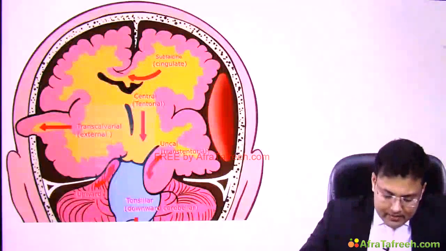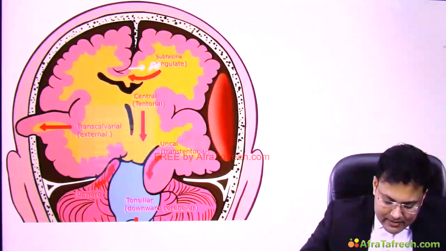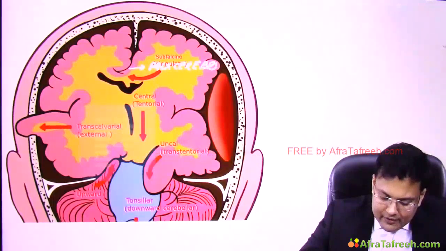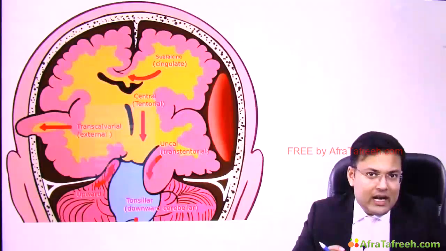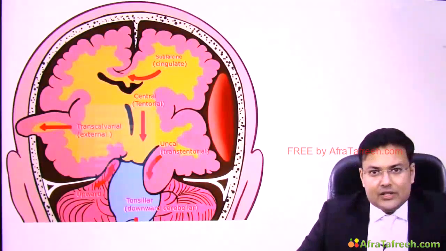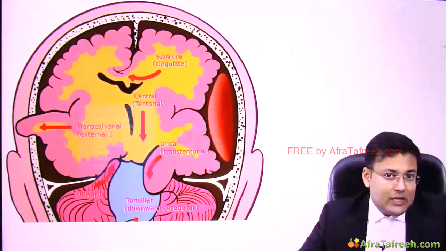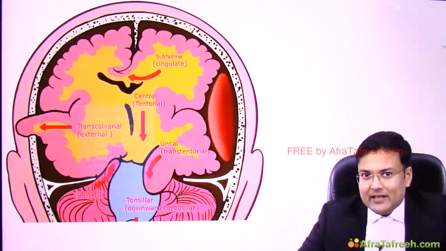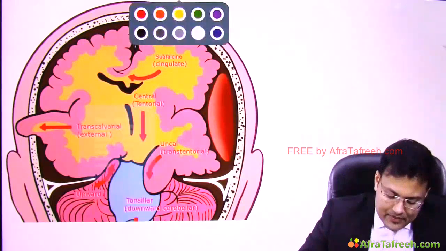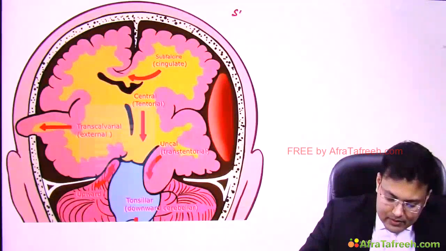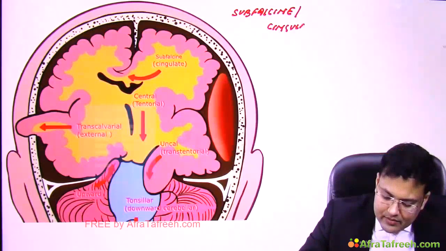Now see in this diagram, this is the free edge of falx cerebri. Whenever there is herniation of cingulate gyrus beneath the free edge of falx cerebri, this is known as subfalcine herniation, also known as cingulate herniation.